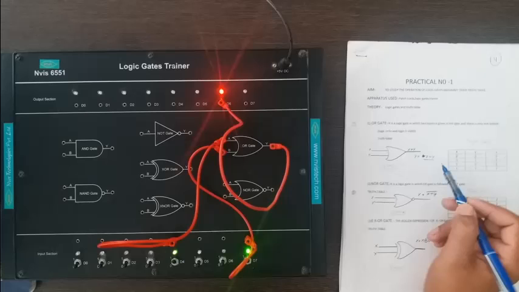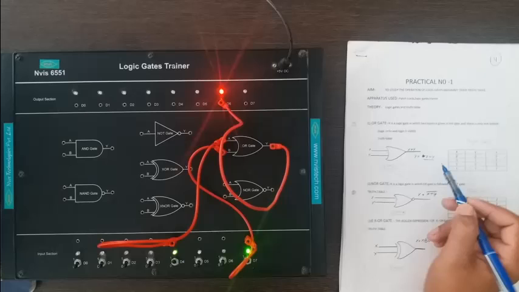So see the ones at the output end to write the expression. How can you write the expression for XOR gate? At the output of XOR gate, at first one, what are the inputs here?